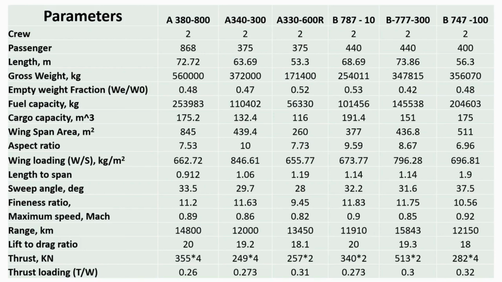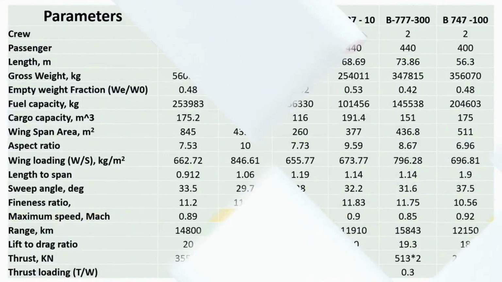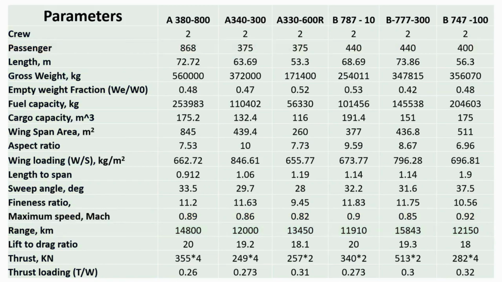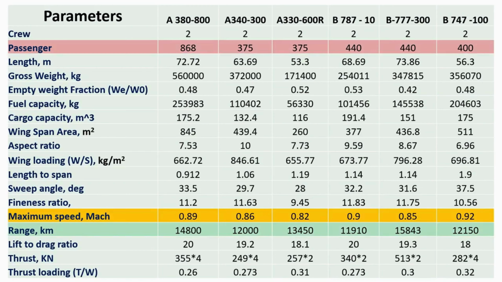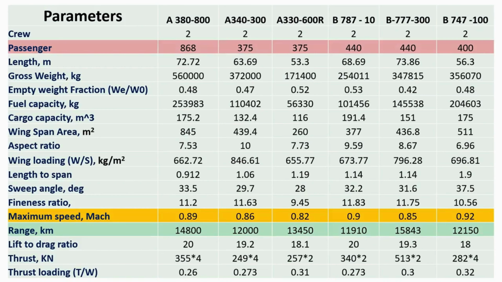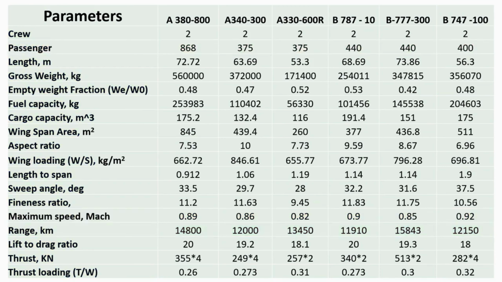Now you can see here in this literature survey of the 6 aircraft, what I have satisfied of my requirement. See, almost all the aircraft have the same speed. Second, the range is almost within this 15,000 km, and the passenger capacity is almost within 400.